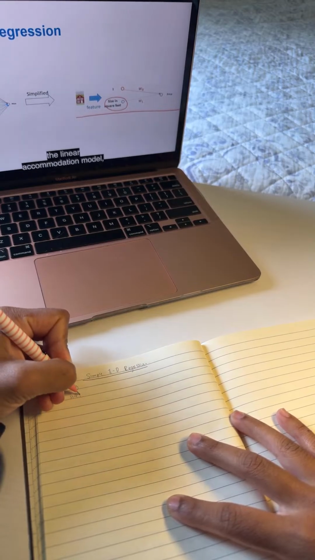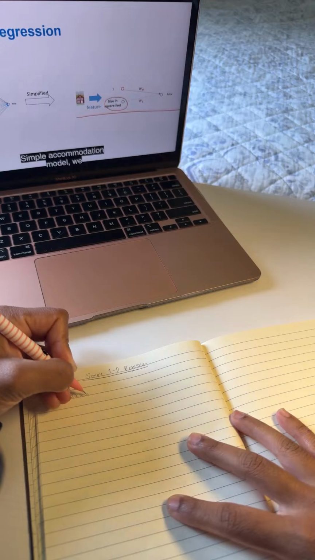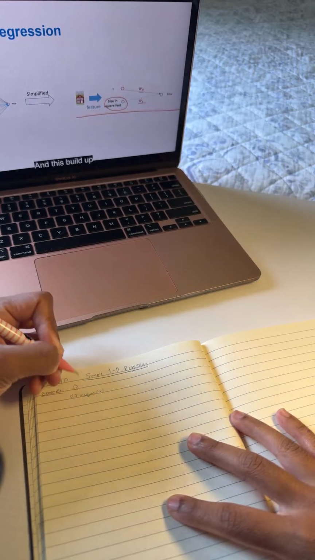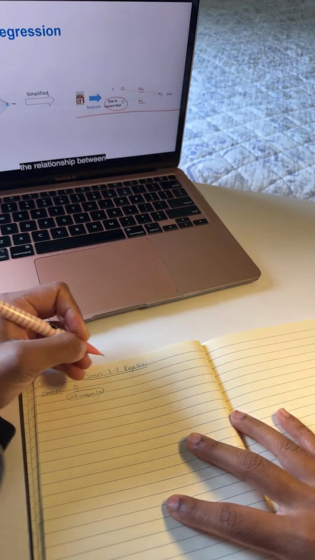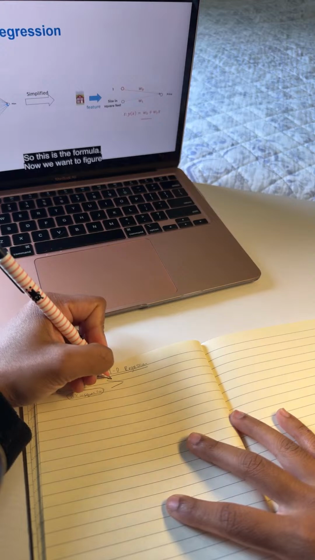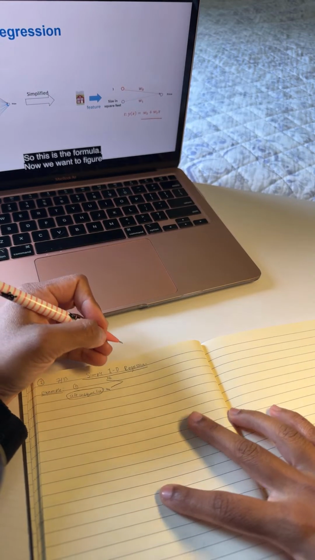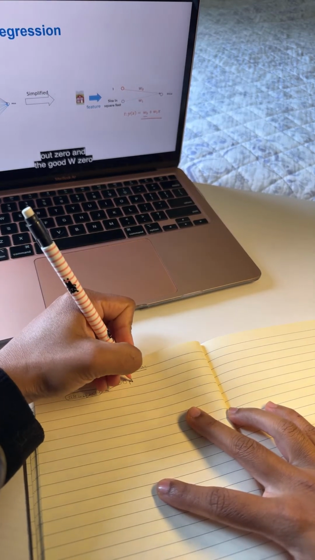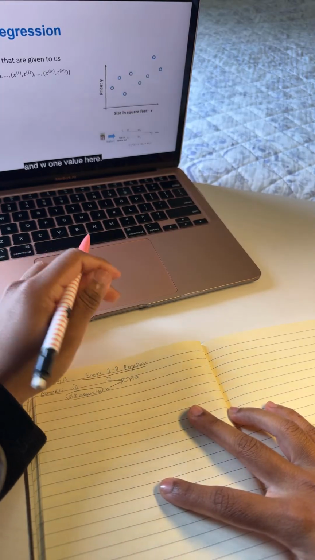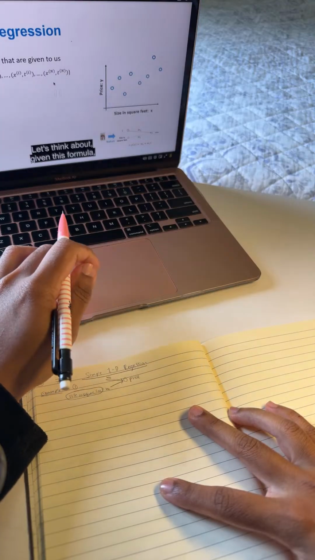Based on the linear combination model, the simplest linear combination model we know, we just use the weight, right? And this builds up the relationship between the price and this feature. So this is the formula. Now we want to figure out good W0 and W1 values. Right? So here let's think about.